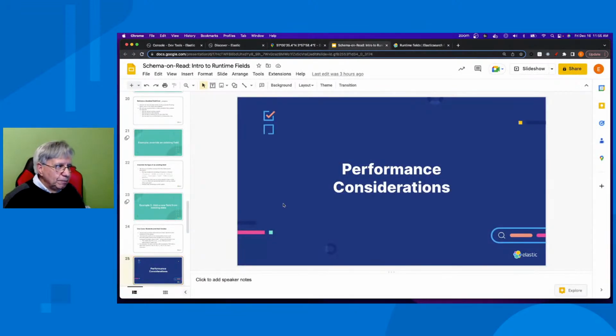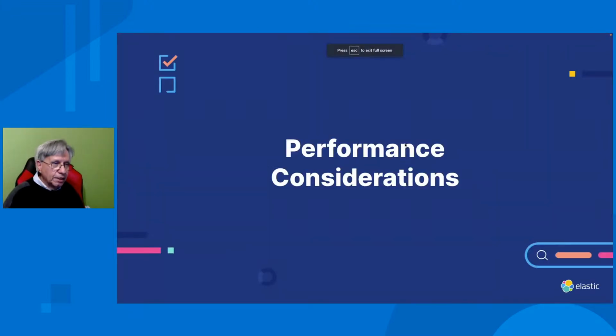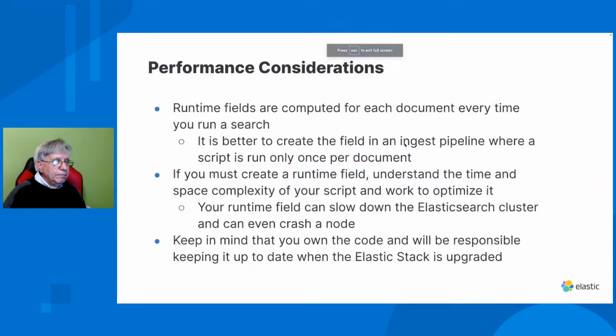So to finish off, let's just review some of the things I've been saying and maybe preaching about. Nobody likes to be preached at, but this is a great tool, and you need to be aware of what it takes to use it, right? So the runtime fields are calculated for every document that is a result in a search. Okay, so it's better if you index the field because it's already there. But you say, no, this field I don't have. I need it. You may have good reasons.